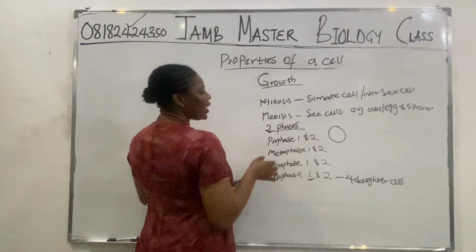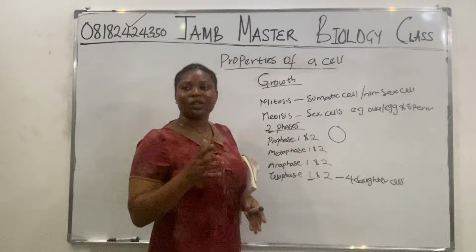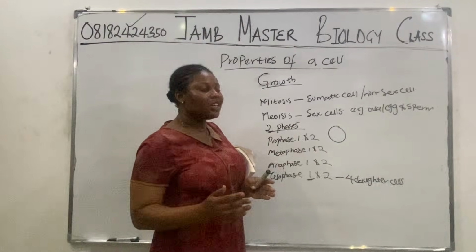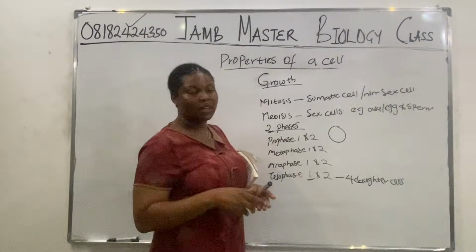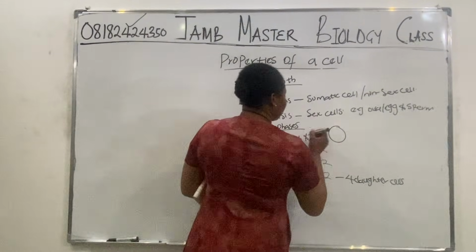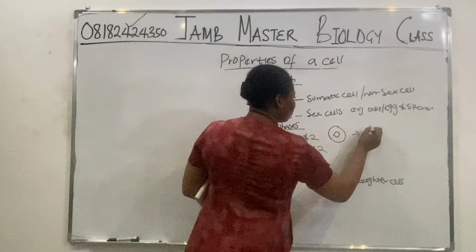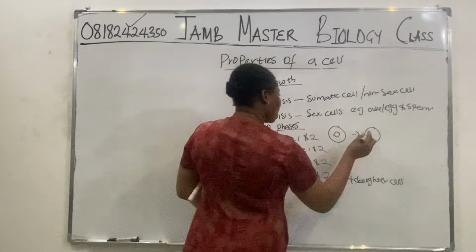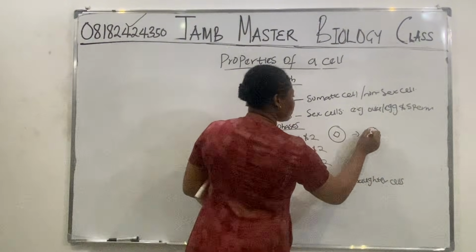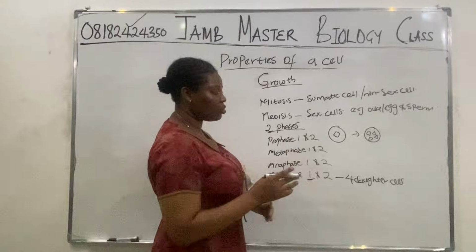So in prophase 1 and 2, the process is just two-staged. For instance, in prophase 1 the nucleus will disappear, then in prophase 2, the chromosome will become thick. So it's basically the same thing, but broken down into two processes.